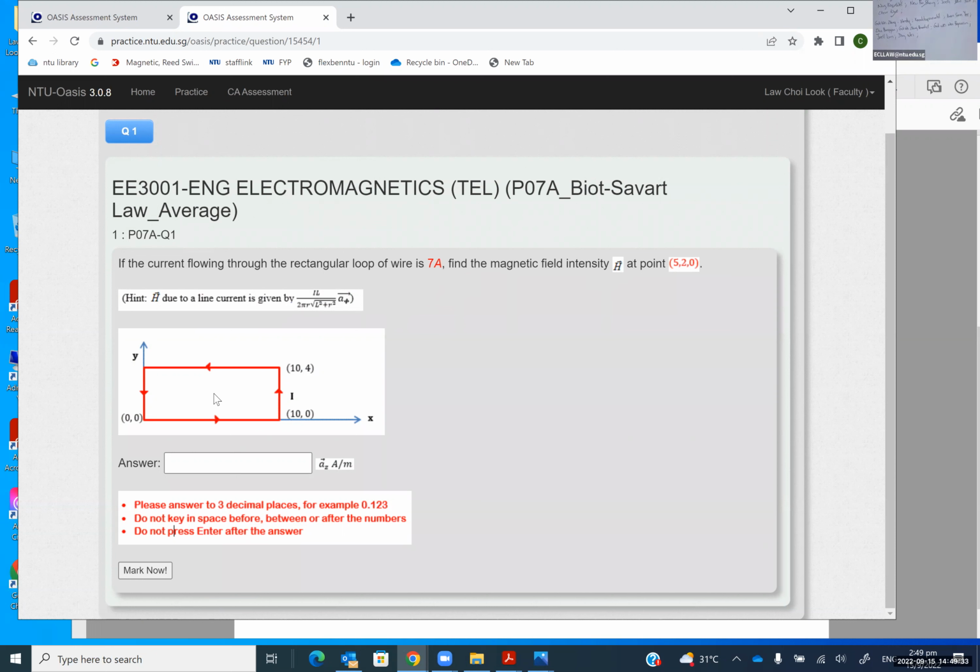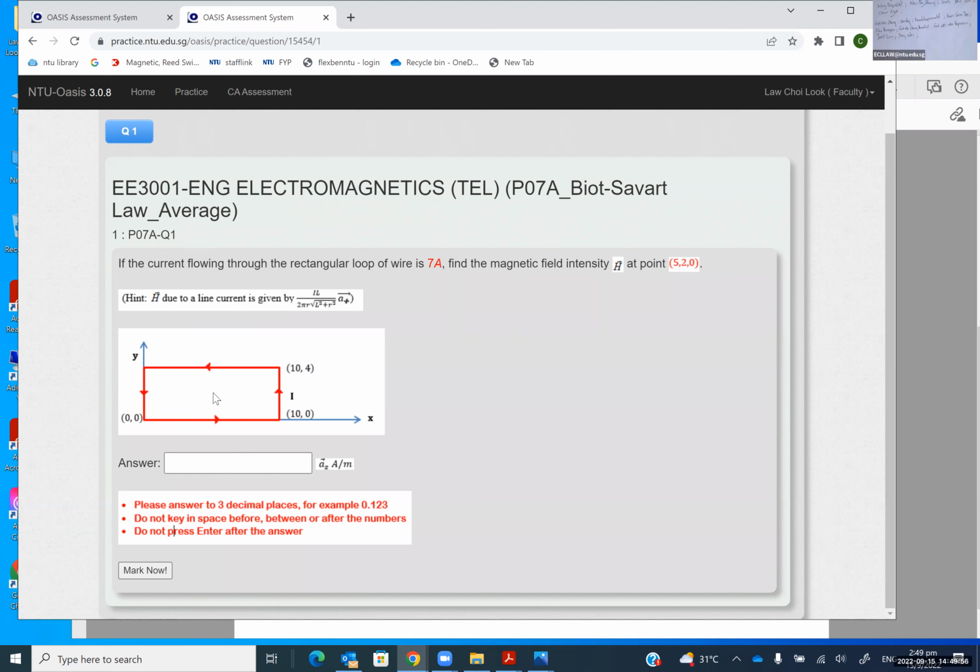Since it's a vector, can you tell me the direction of that magnetic field at the center? Outwards. So it's az, positive az or negative az? Positive az, okay, so that's the direction.